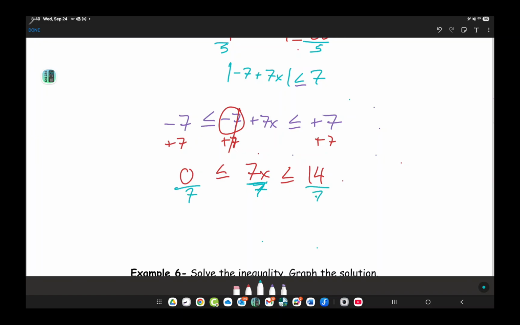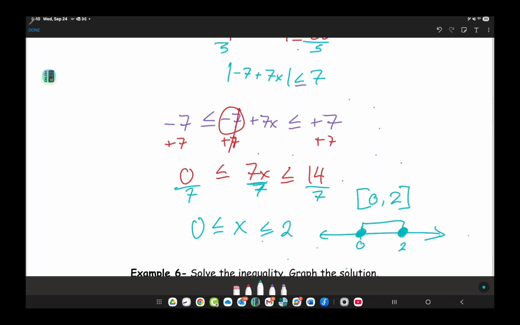Now, 0 divided by anything is still 0. But 14 divided by 7 is 2. Now, in this case, because they're both equal to, they're both what? Closed. And my interval notation would be bracket 0, comma 2, bracket.